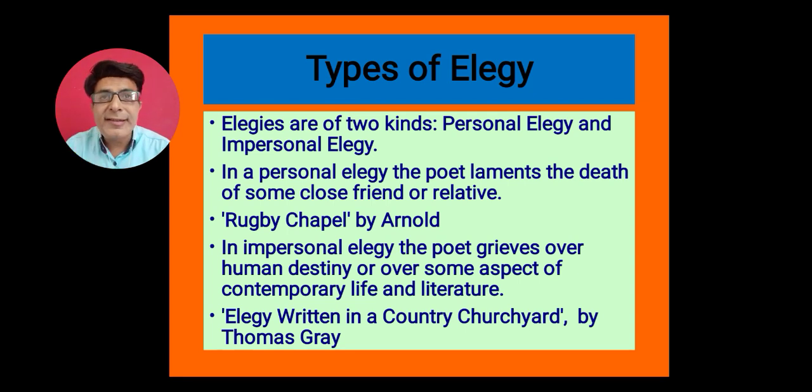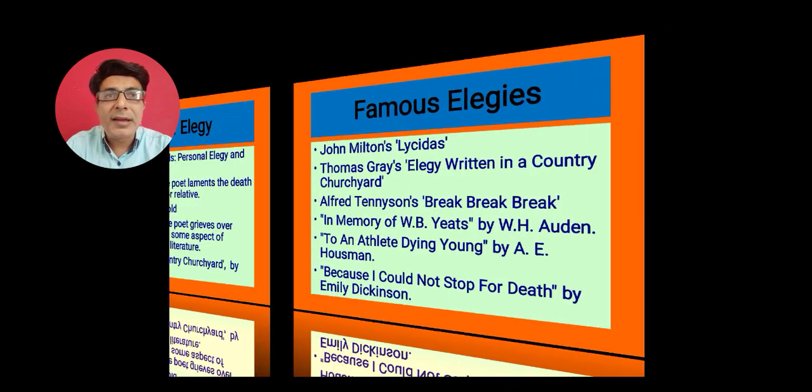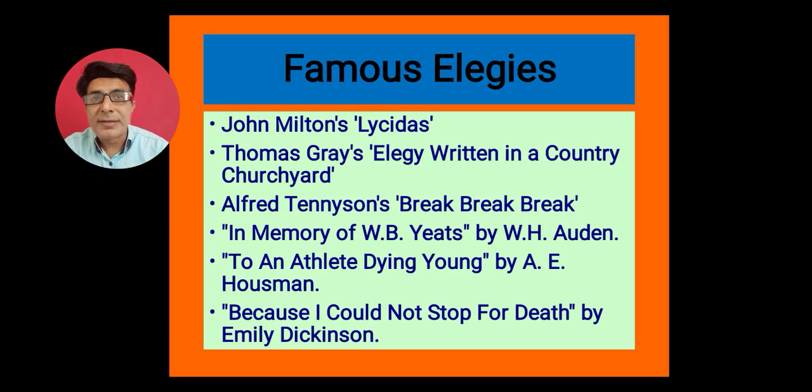If you want an example of an impersonal elegy, then Thomas Gray, a very important poet of English literature, has written Elegy Written in a Country Churchyard. It is an example of an impersonal elegy.